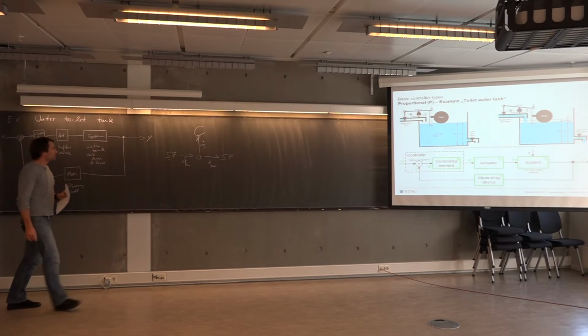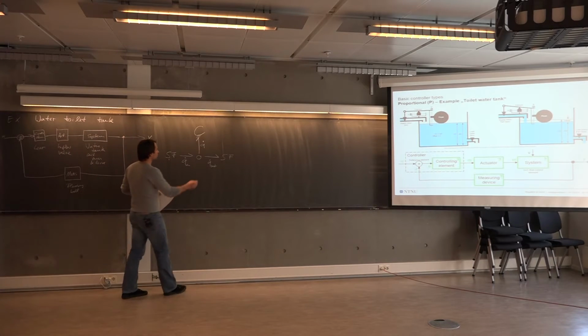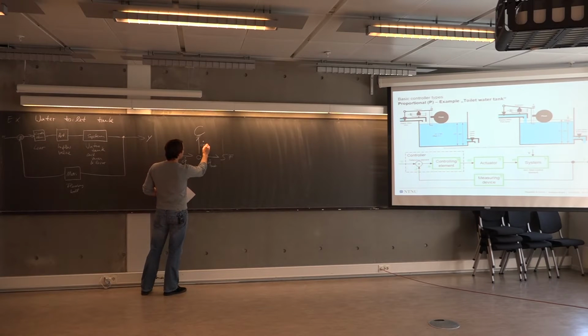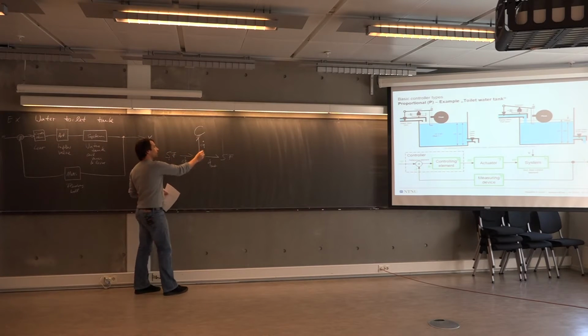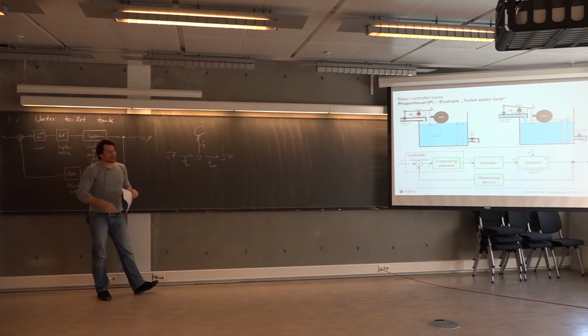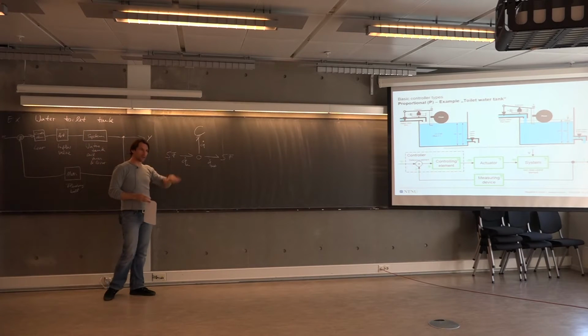What we basically need to do here is we need to use the solution, the flow in the reservoir, meaning if you divide that by the cross-sectional area of that thing, you get the water height over time.